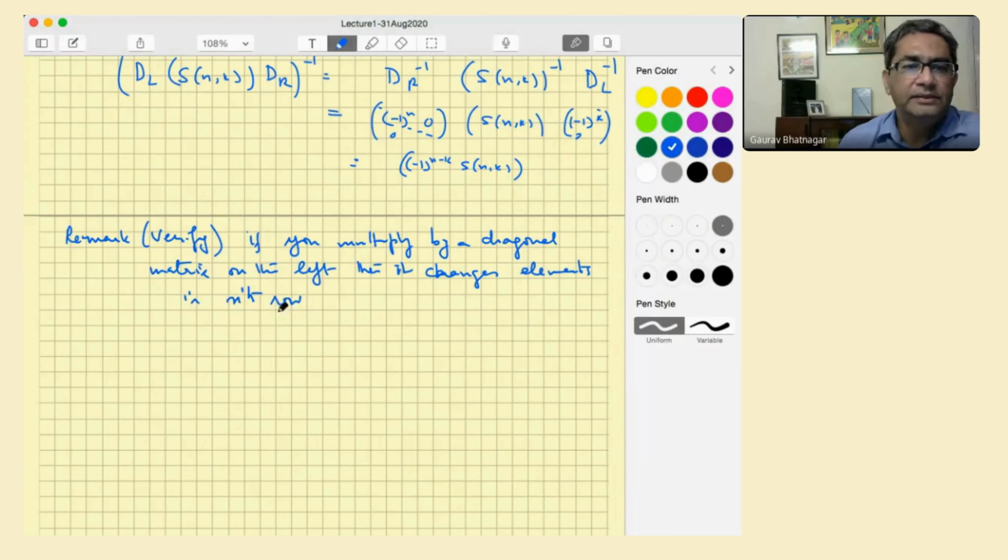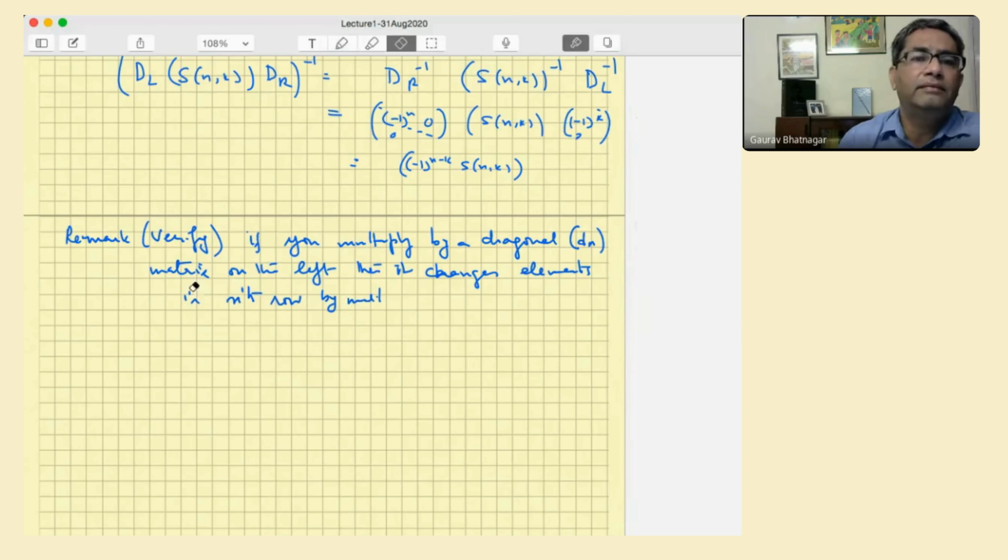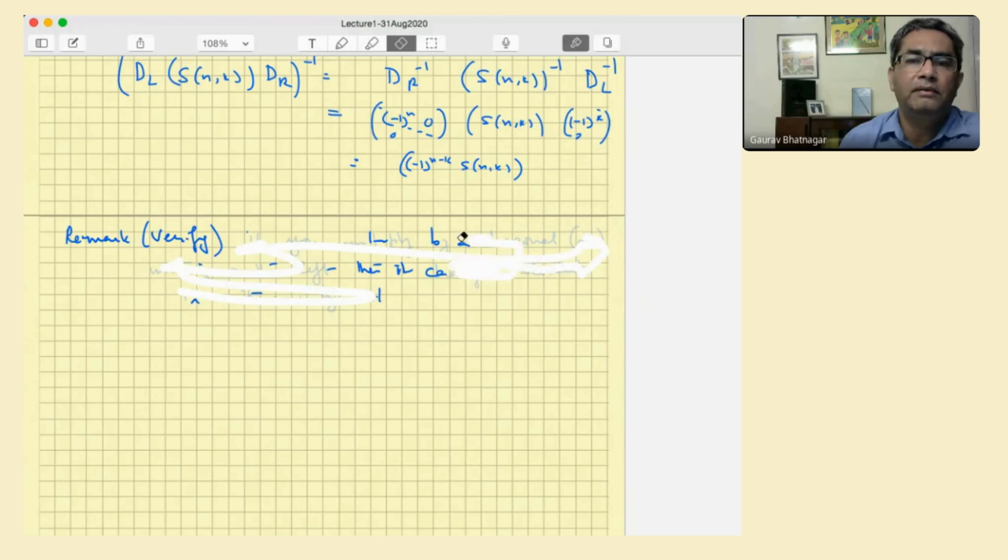Let's say the diagonal matrix Dn, and it changes the row elements by multiplying. Okay, let me formulate it properly.